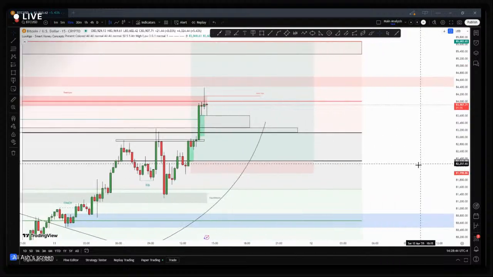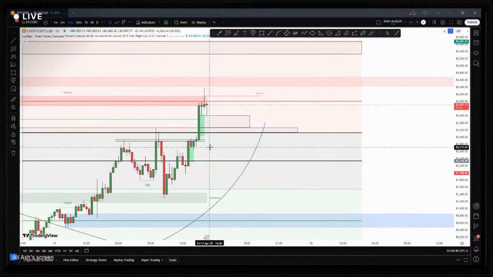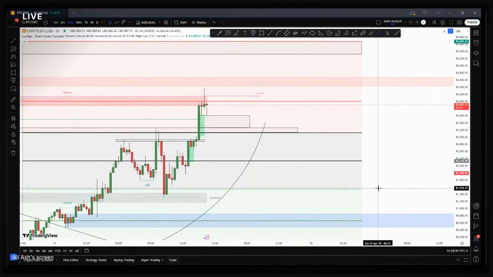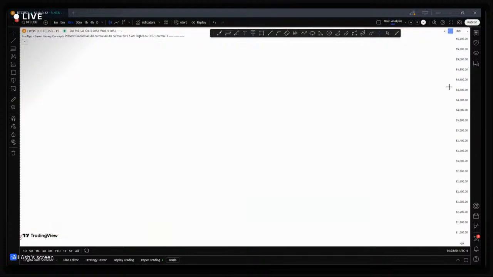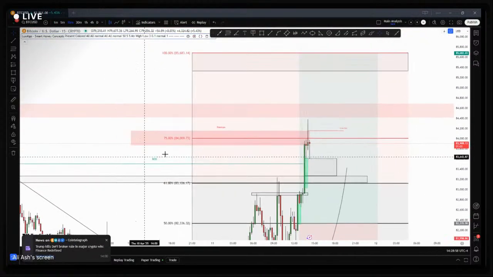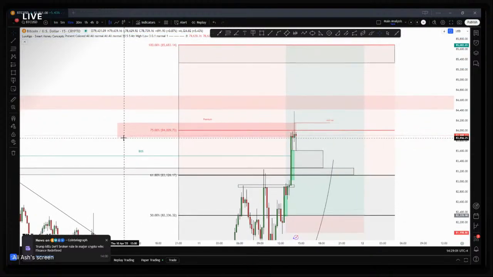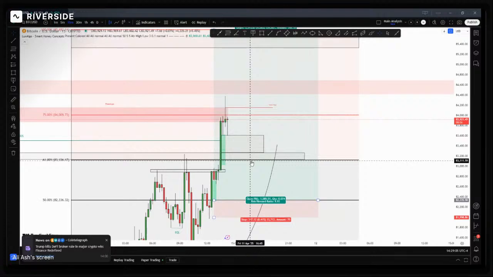We have to look for a pattern, maybe a pennant or falling wedge, which would help us understand the next uptrend. I don't think we will go to 61%, but if we do, that's not going to be a good entry unless you know the candlestick pattern, if you know how a morning star works.